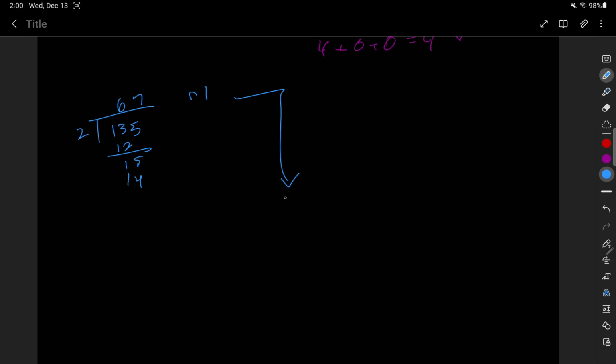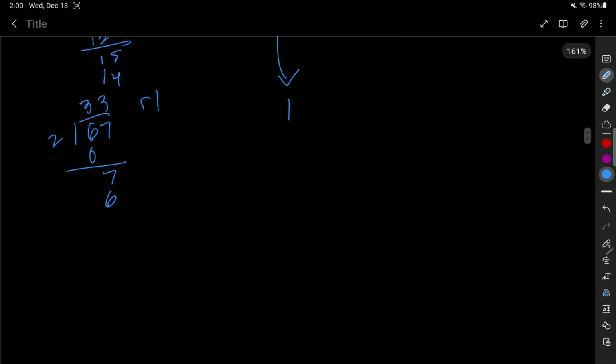So we'll put that down: 1. And then 67 divided by 2 is 33, and then you get 7, so 2 times 3 is 6, remainder of 1. We'll note that it's 1 and 1.